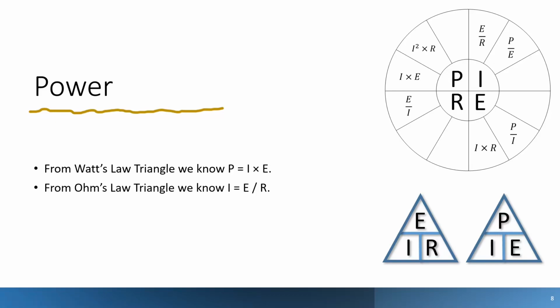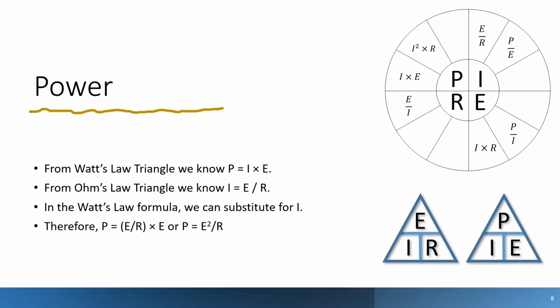So from the Watt's law triangle, again, we know that P equals I times E. And from the Ohm's law, now we know I equals E divided by R. So instead of substituting for the E, we are going to substitute for the I in this one. So in the Watt's law formula, we can substitute for I. So P equals E divided by R. That's this I we're substituting for, times the E, and that's the other term in that equation.